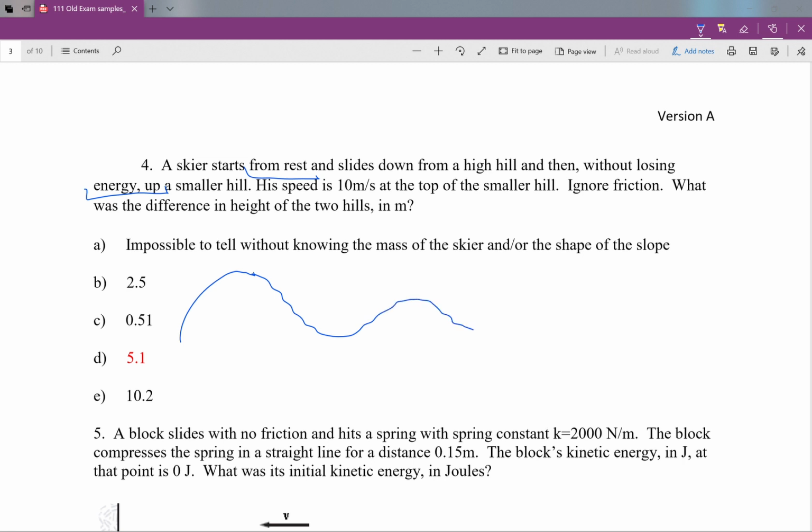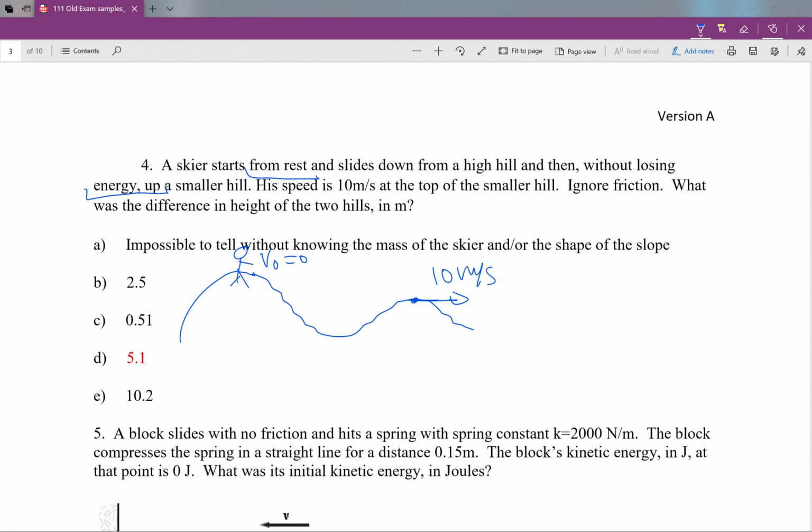Here is the skier, and we know that the initial velocity is going to be 0, since it starts from rest. So v0 is 0. And the velocity at the top of the smaller hill, right over here, is going to be 10 meters per second.